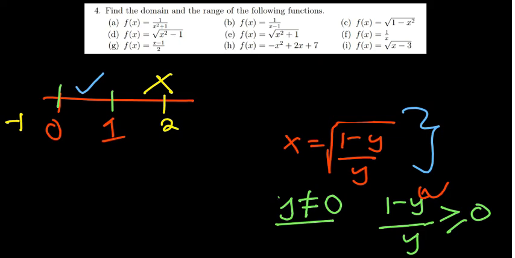So we can say that the expected values of y are to be between 0 and 1. Okay, so between 0 and 1, but 0 itself is not included. So it says 0 is less than y, but y is less than or equal to 1.